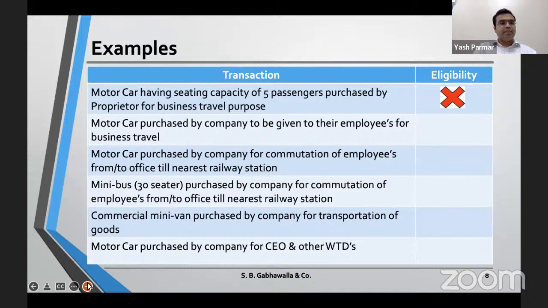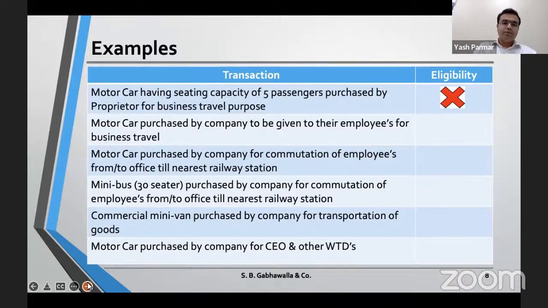The second example is motor car purchased by company to be given to their employees for business travel. Again, two conditions we need to check: whether it is having sitting capacity less than 13. Yes, we'll assume that in this case it is having sitting capacity of less than 13. Second, is it used for further taxable supply of transportation of passengers?